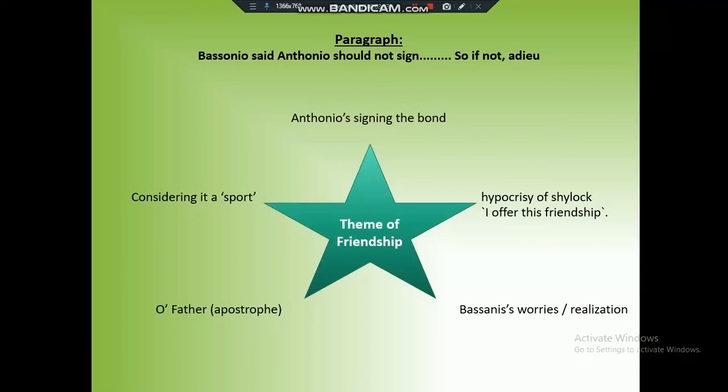So this is the assignment for today: start making notes on some of the important themes, and after preparing the notes, whatever you have read and understood, send all the themes to your respective teachers in your respective groups, and side by side keep adding the important points in all the questions, whether they are about characterizations or about the themes.